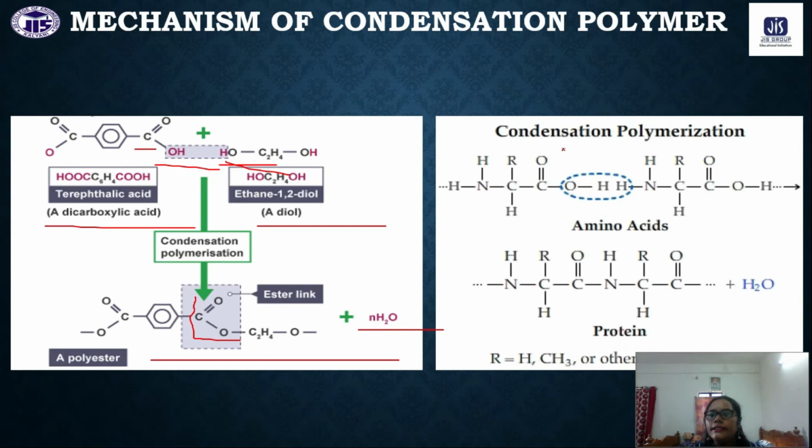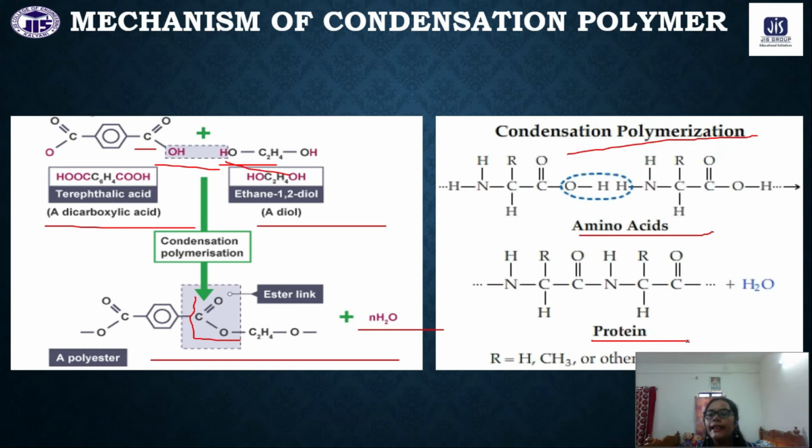Again, one more example of condensation polymer is the amino acids. Okay, so one amine and one acid mix with each other, and it will make the amino acids, and when n number of large molecules of amino acids are attached with each other, it will make the protein.